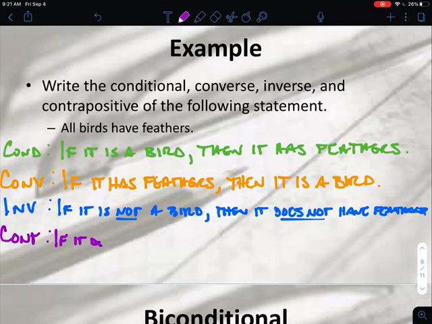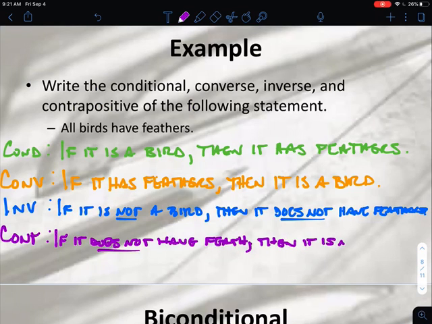So either way, we should end up with a statement that says, if it does not have feathers, then it is not a bird. So we're simply taking the inverse, is the way I typically do it. Take the inverse and just flip-flop. So if it does not have feathers, then it is not a bird.